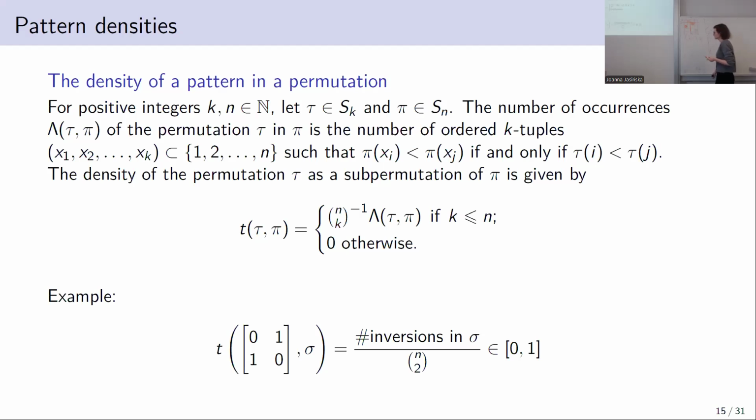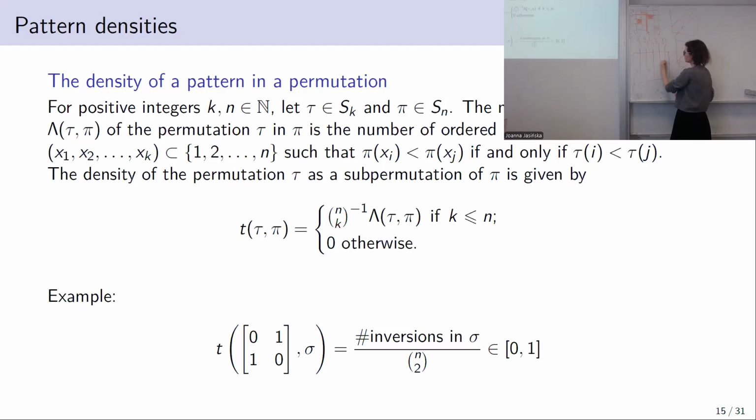So let's give an example rather than go through complicated formulas. If I have a permutation of this form, 1, 2, 3, 4, 5, 6, and let's say it looks like that.